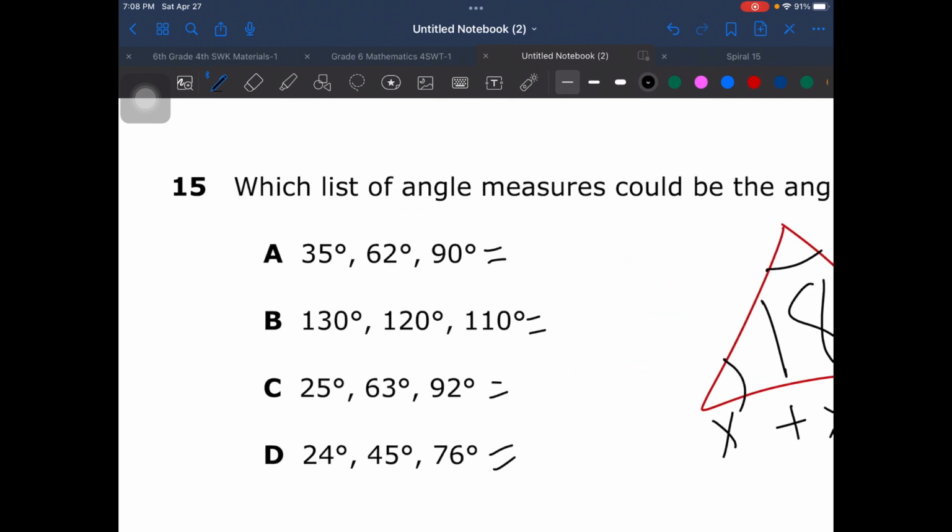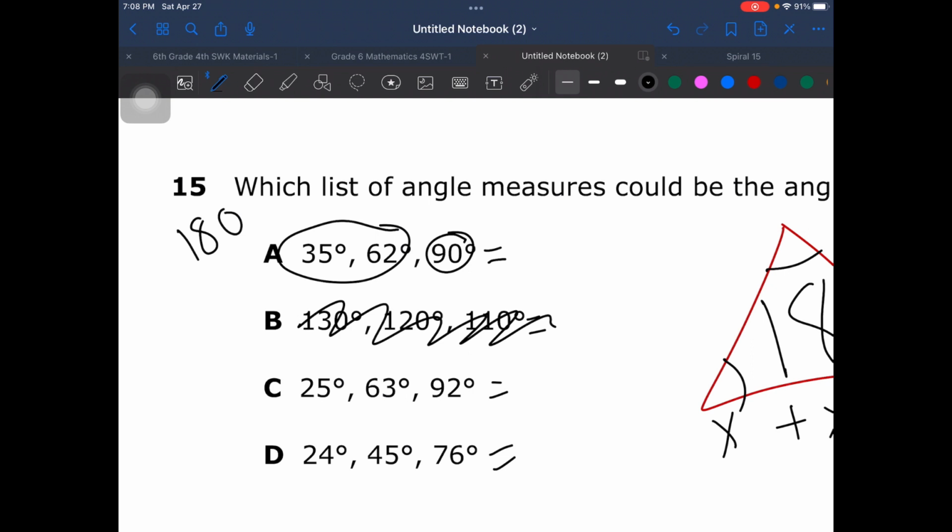Van a sumar todos estos, chicos, y van a checar cuál les da 180. This is going to be way too much. If this is 90, then this should be 90, so that it could be 180, right? But this is 7, this is 97, so this is not my answer.